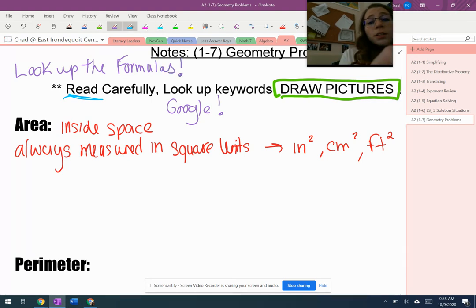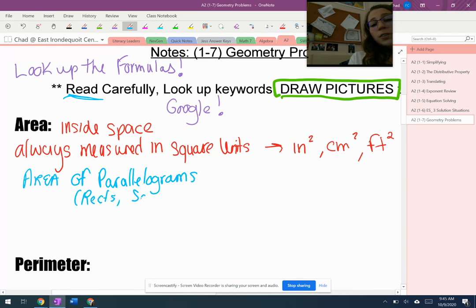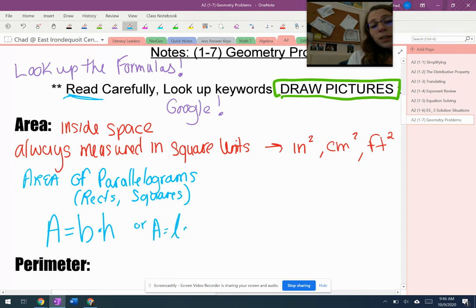Two main shapes that you need to know about when we're doing area, and that is area of parallelograms, which for you guys, that's like your rectangles and your squares. And that area formula is area equals base times height, or area equals length times width. Both the same formula, length, width, base, height, same thing, different letters.